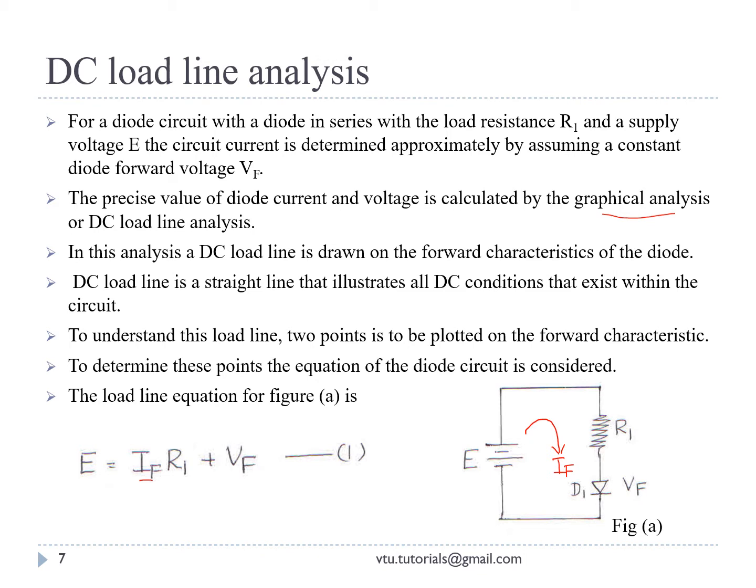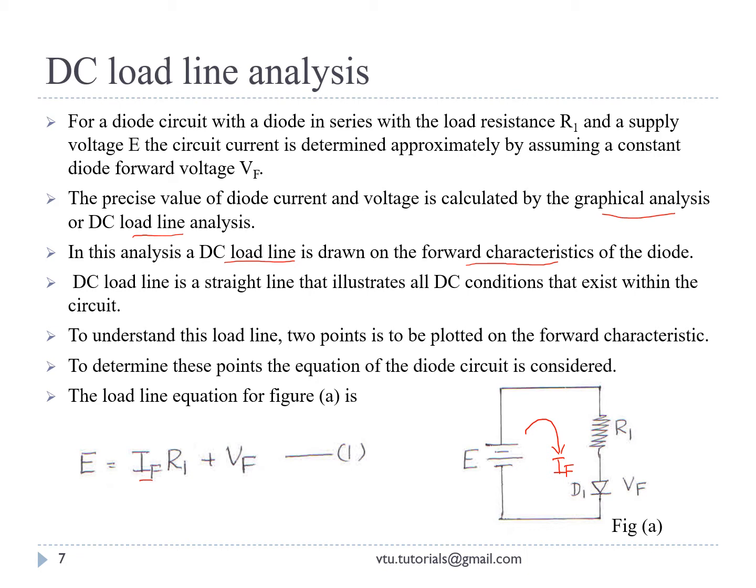In this DC load line analysis, we will draw a DC load line on the forward characteristics of the diode. We have already studied the forward characteristics in the previous slides. So a load line will be drawn on the forward characteristics curve. Let us see how to draw the DC load line on the forward characteristics curve.